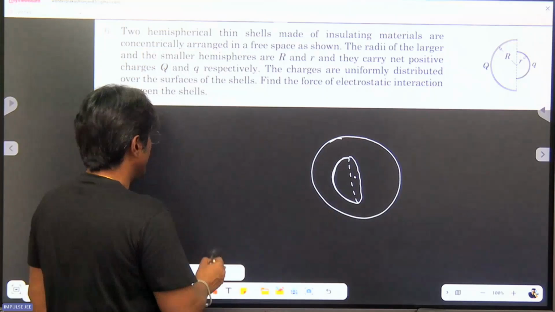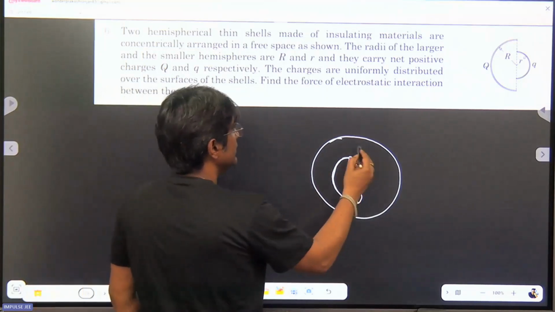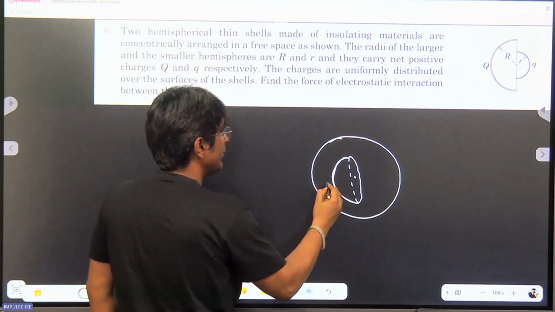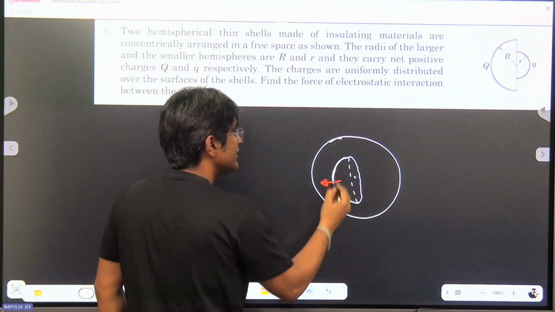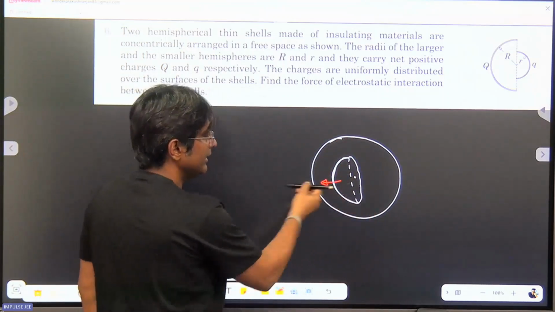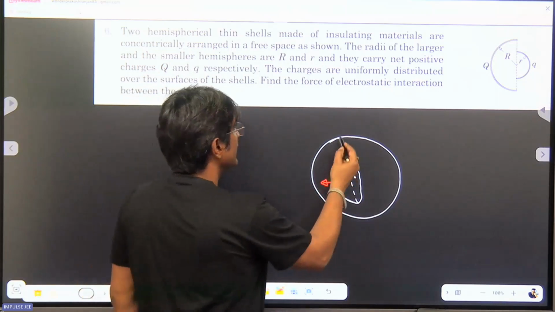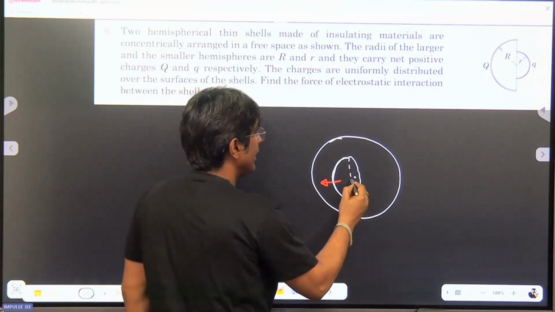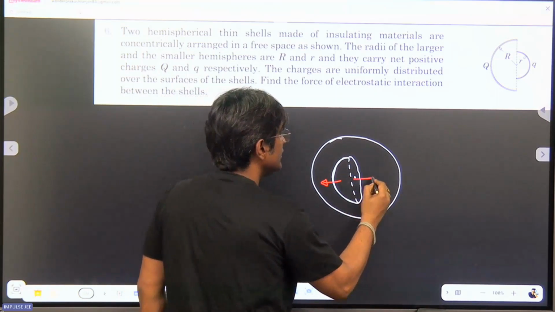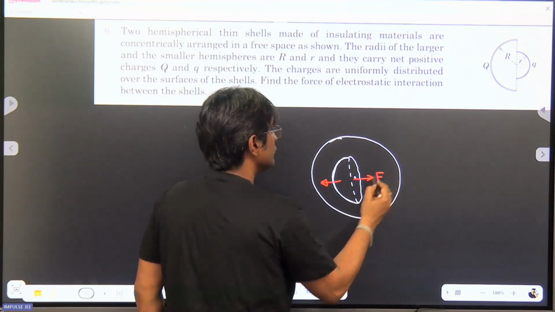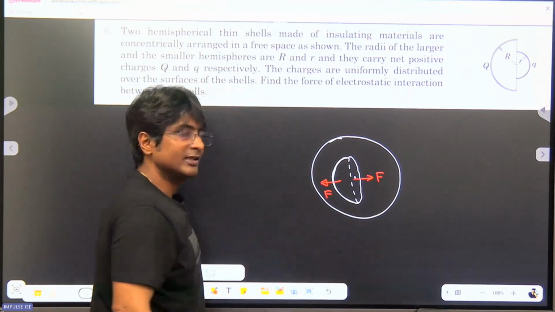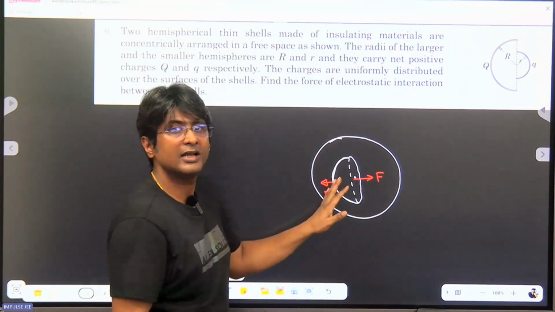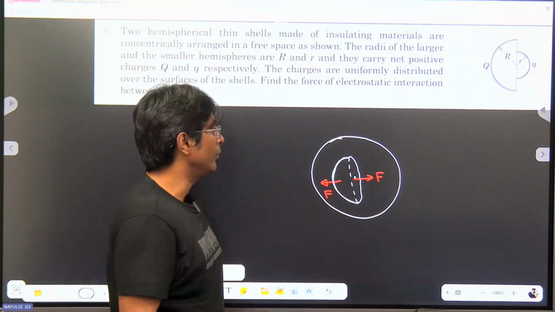If the right portion of this complete sphere applies a force on this charged hemisphere in the leftward direction, then the remaining half will apply a force F in the opposite direction, such that the net force on this hemisphere inside the complete charged sphere will be 0.